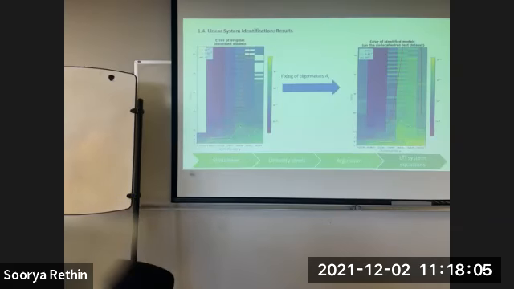And this error is shown here by the color. It's a gradient color. The dark is the lower error, and the yellow is the highest error.